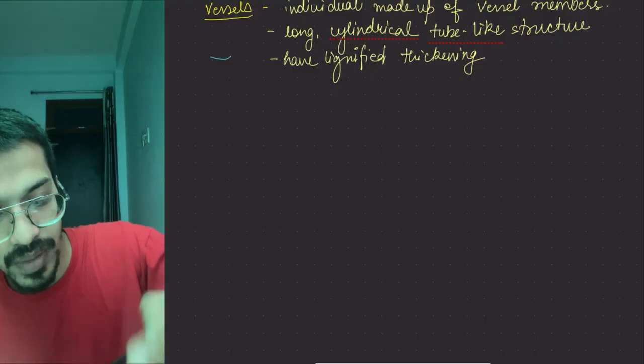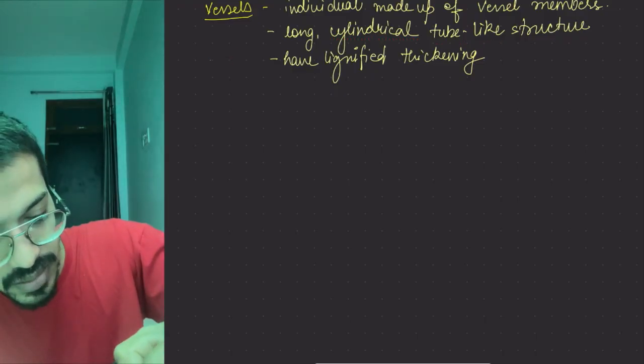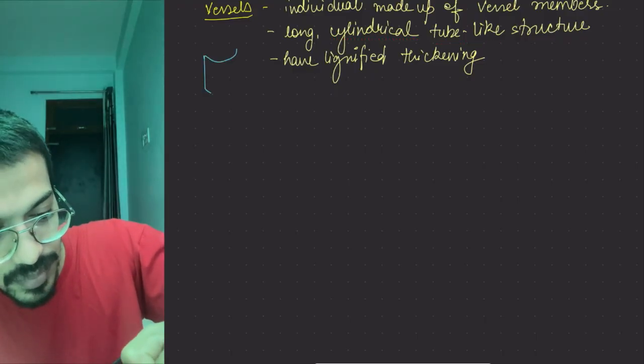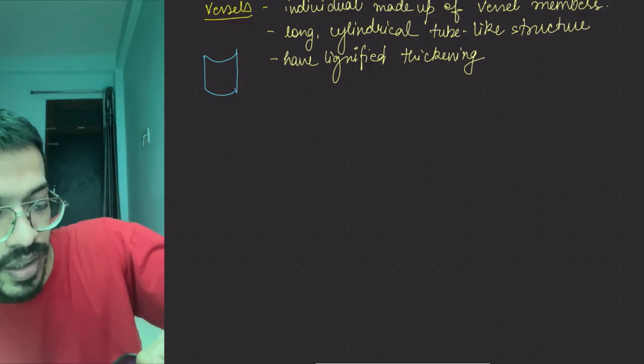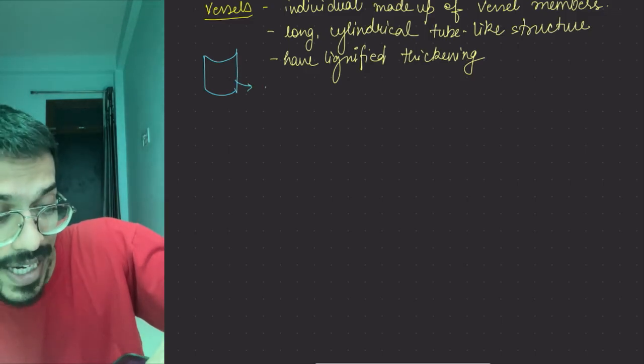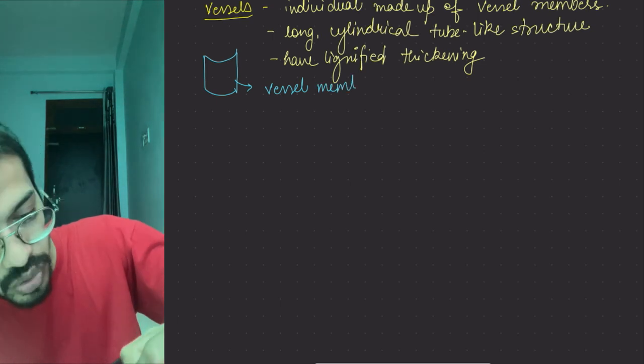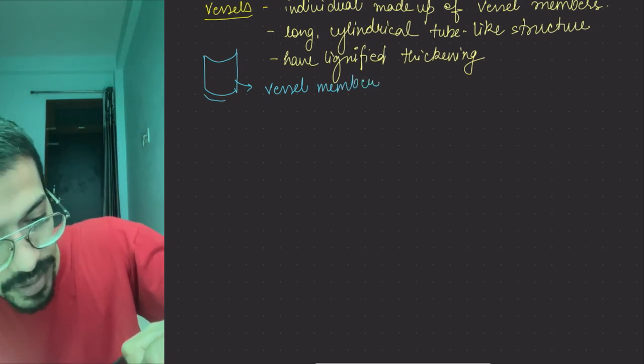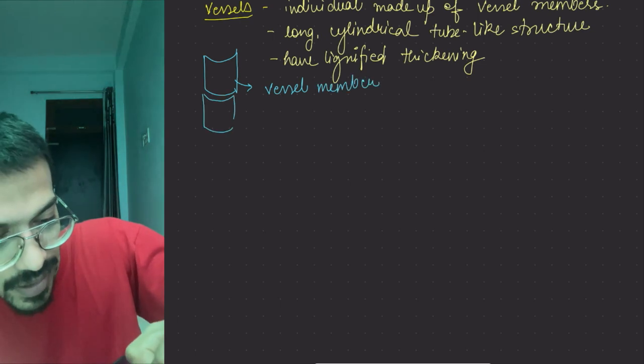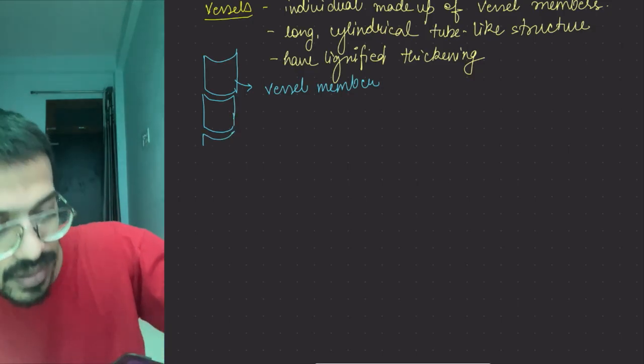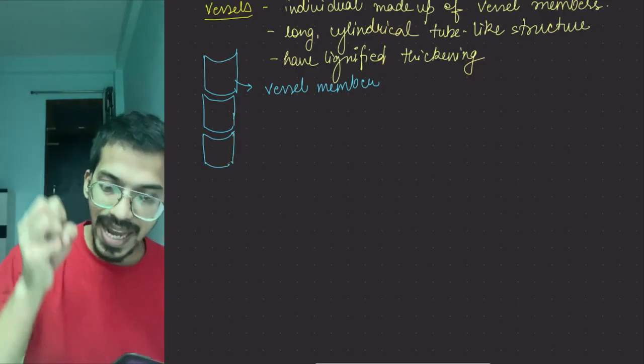Imagine that this is one vessel member. The next will also stack over here, then the next also will stack like this. So individual members stack together.